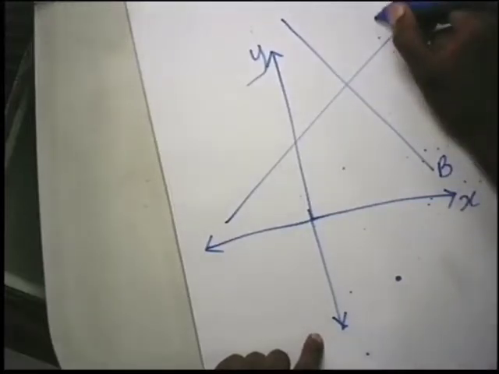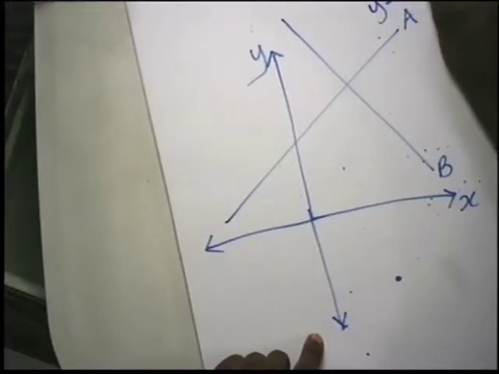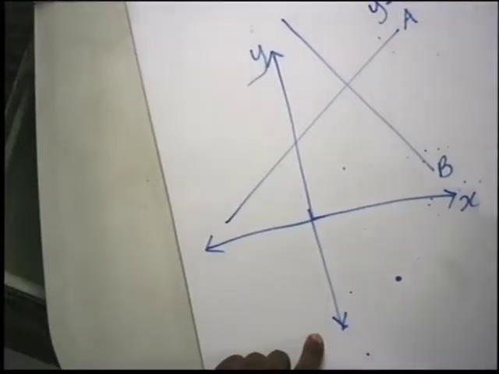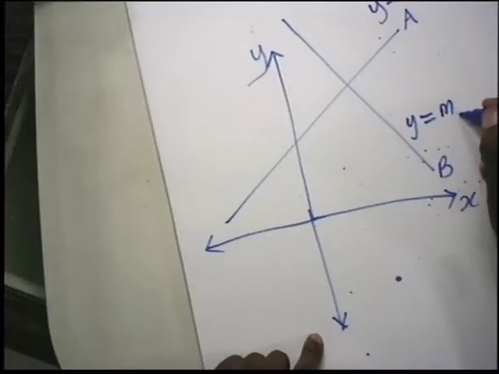So remember, this is an equation in the form of y is equal to ma x plus c, and then this is also an equation, a line in the form of y is equal to mb x plus c.